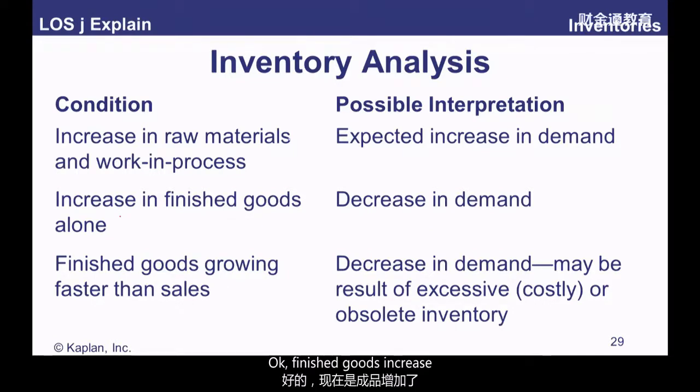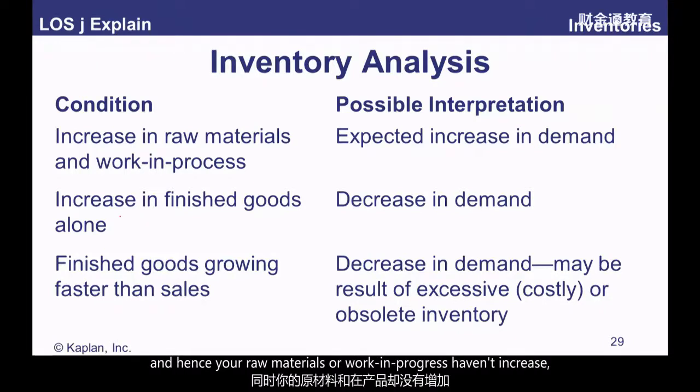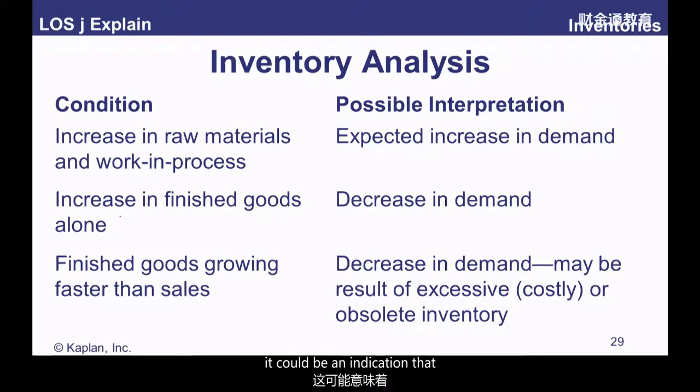Okay, finished goods increase, but we're not seeing an increase in raw materials or work in progress. Again, this could be seen as a negative signal. If your finished goods have increased, but you're not actually producing more, and hence your raw materials and work in progress haven't increased, it could be an indication that your finished goods have increased simply because you can't sell them, i.e., therefore you've got a potential decrease in demand.